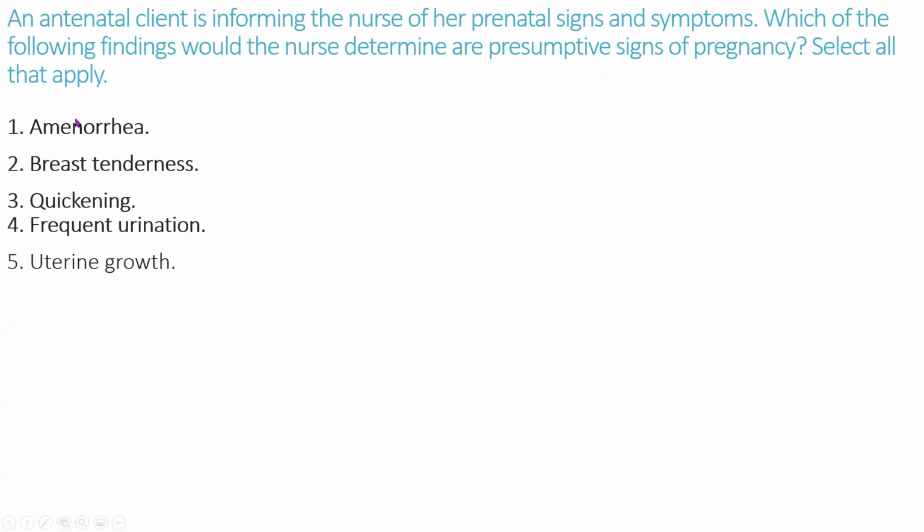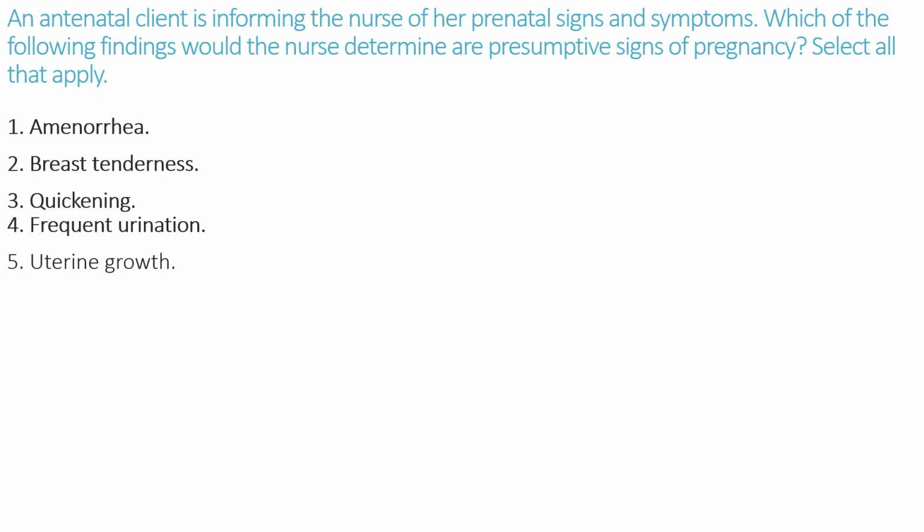The rationale that I have here is that 1, 2, 3, 4 are correct, but I'll reach out to Harold. Amenorrhea is a presumptive sign, having no more periods. Breast tenderness is presumptive. This is saying that quickening is also a presumptive sign of pregnancy, and frequent urination is also a presumptive sign.